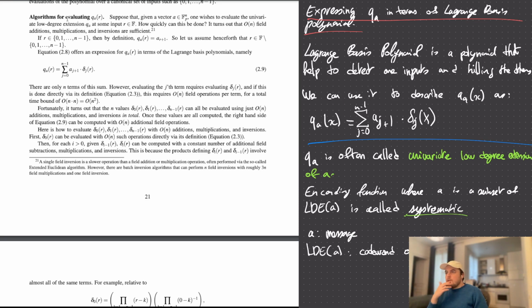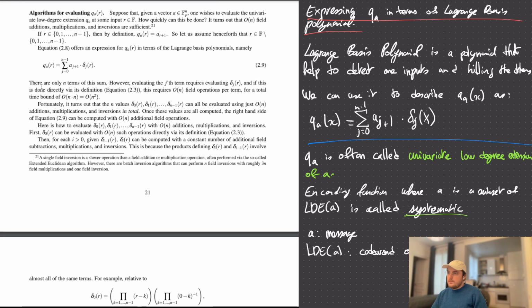Okay, it can be done in O of n time. Equation 2.8 offers an expression for Q of r in terms of the delta functions. There are only n terms in this sum.